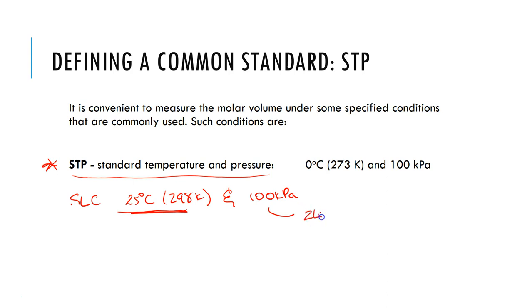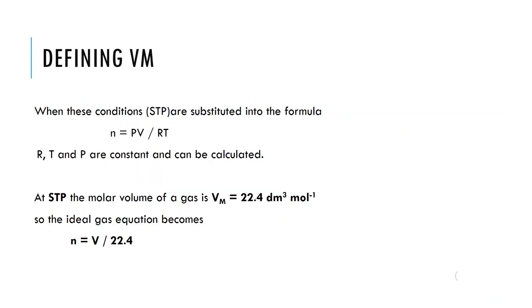It's approximately 24.5 decimeters cubed for this one. But for the value of VM at STP that is given in your data booklet, it's 22.4 decimeters cubed.